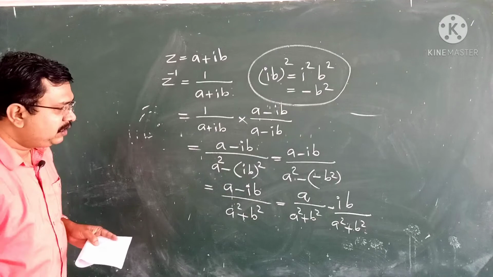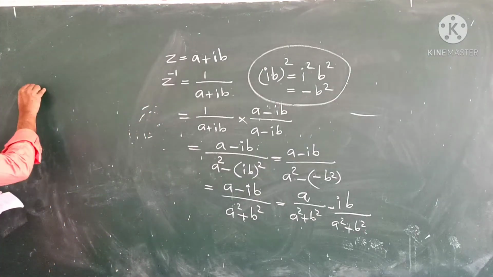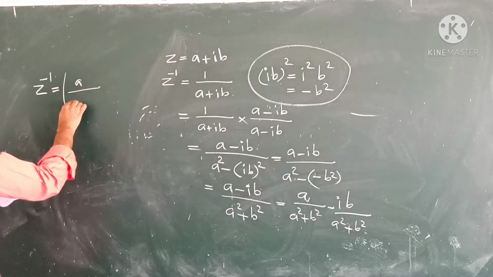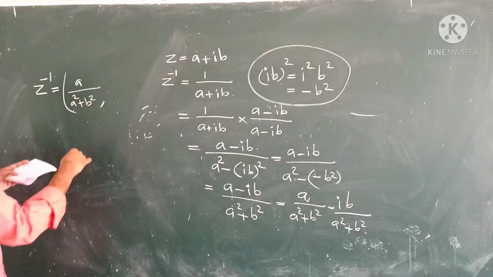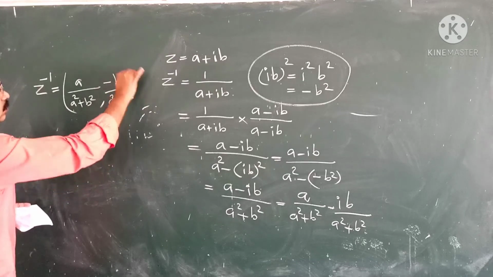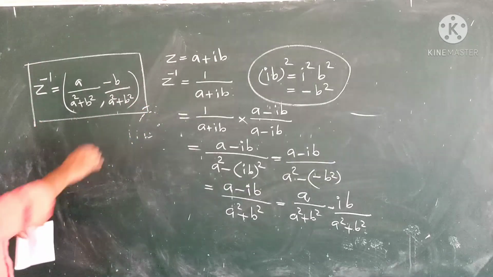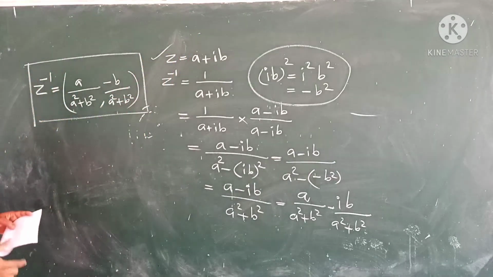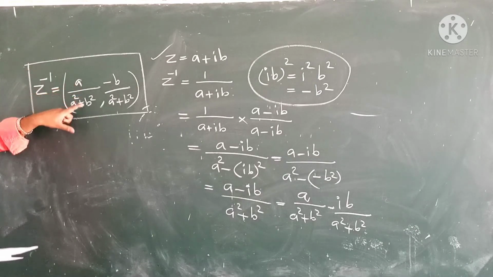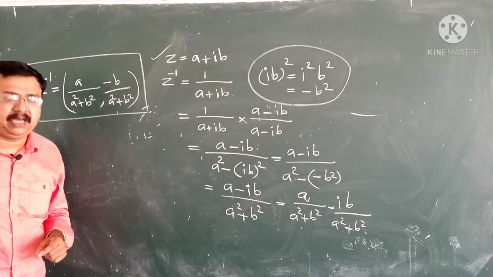Therefore, we can write z inverse equal to (a by (a square plus b square), minus b by (a square plus b square)). That is our final answer. Remember that if z is a non-zero complex number, then z inverse can be calculated using this equation.